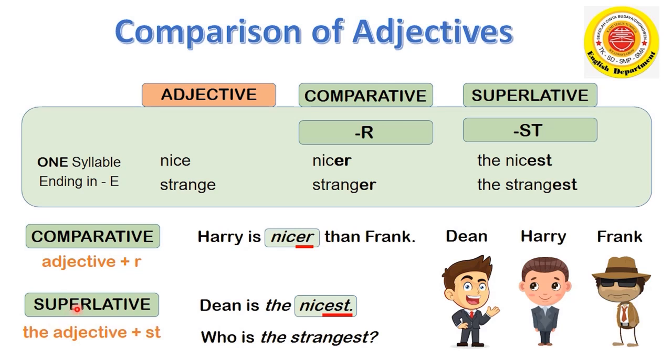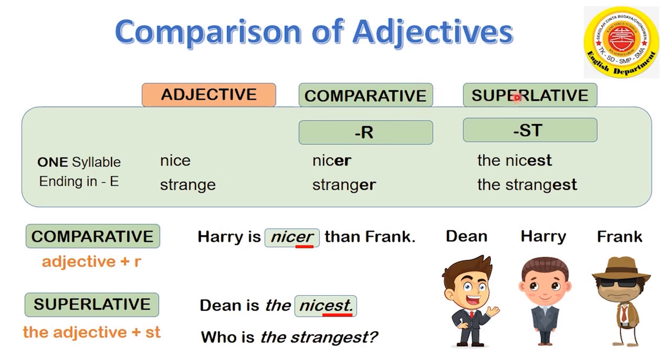Okay. And then when an adjective has one syllable, but ends in E, such as nice or strange, we just add an R to the end of the adjective to make it a comparative. Jadi, untuk satu suku kata yang berakhir dengan huruf E, kita cukup tambahkan R untuk membuat comparative.